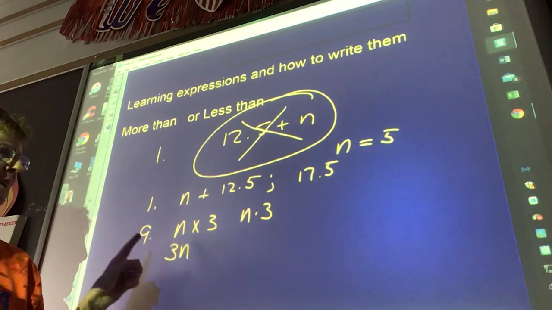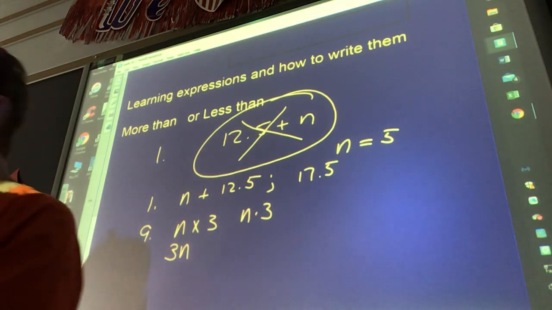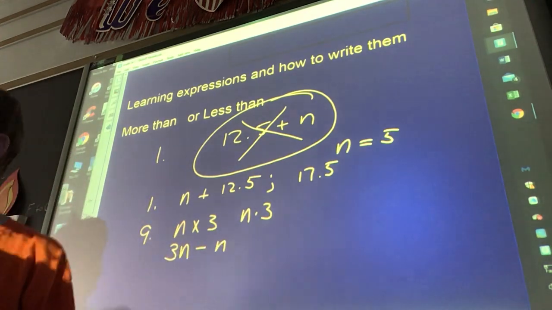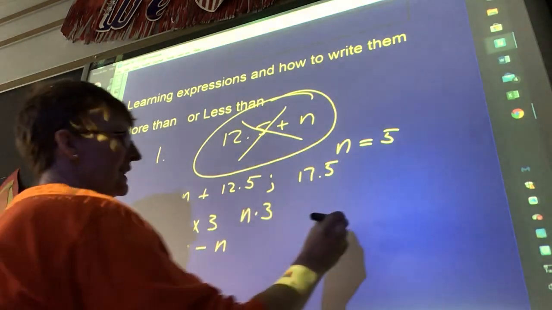So we're saying we need to take n and multiply it by 3, and then we need to subtract n. Now, in this section, our value for n is different. If we look at the directions, the value for n in this section is 8.